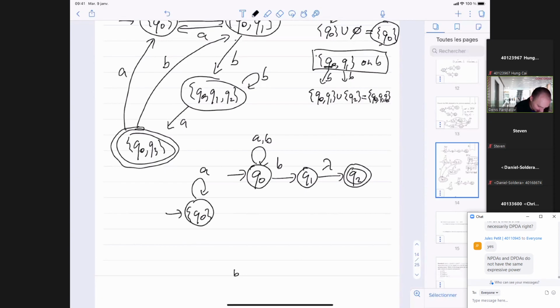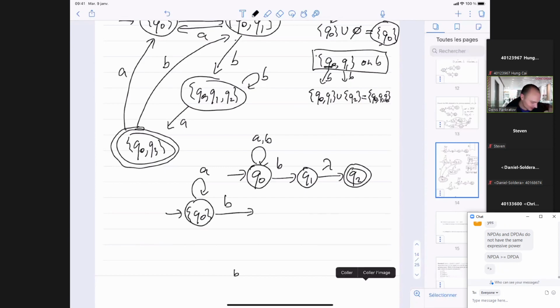So you go back to itself. Then you see where you can reach on B. Now on B, you can reach Q0, you could reach Q1, but you could also reach Q2, because you could consider B to be also B followed by lambda. So when you're constructing the next state, it becomes Q0, Q1, Q2, like this.